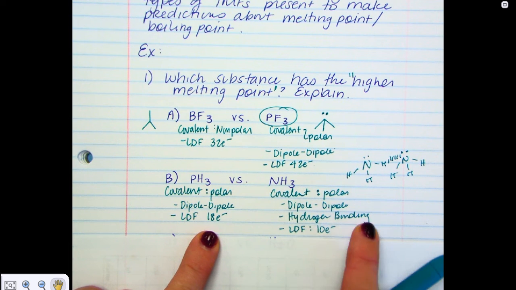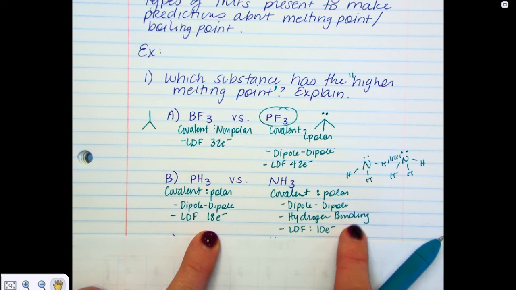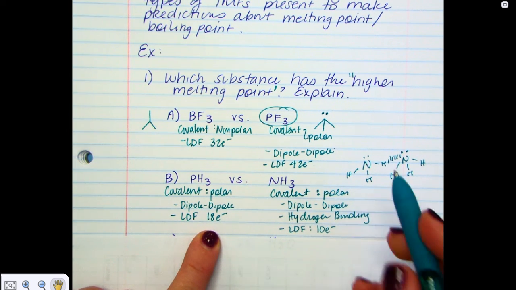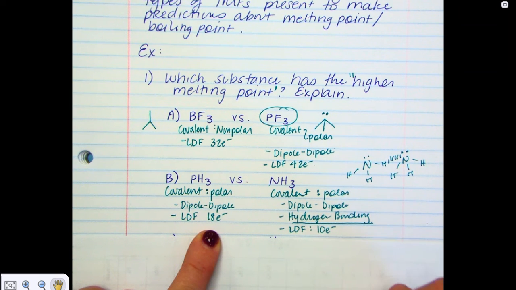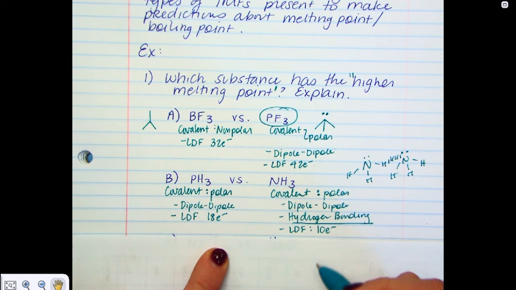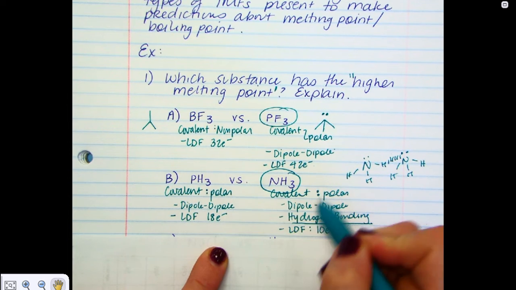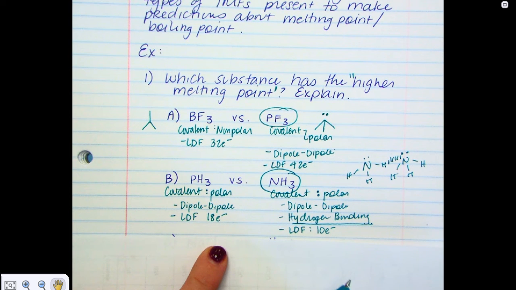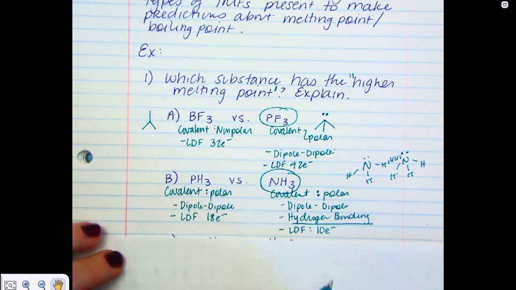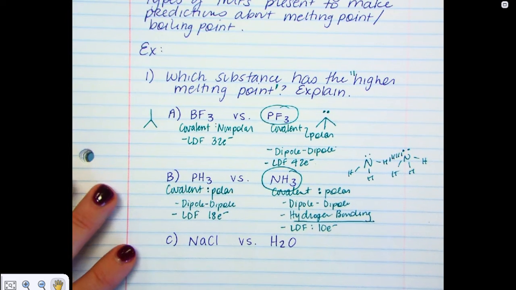But what does this one have in addition to the dipole-dipole and London dispersion? It has the hydrogen bonding. And so the hydrogen bonding here is going to be what makes the difference. So NH3 is going to have a higher melting point because it has a greater cumulative force.